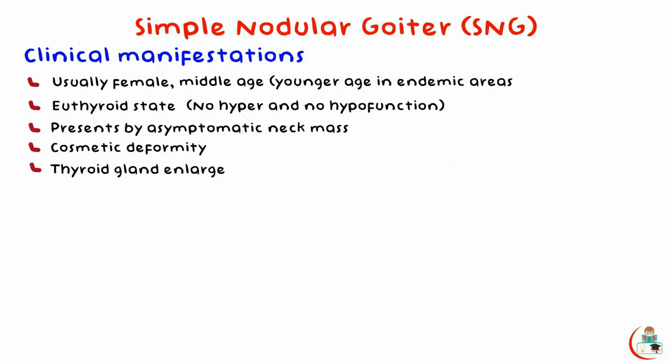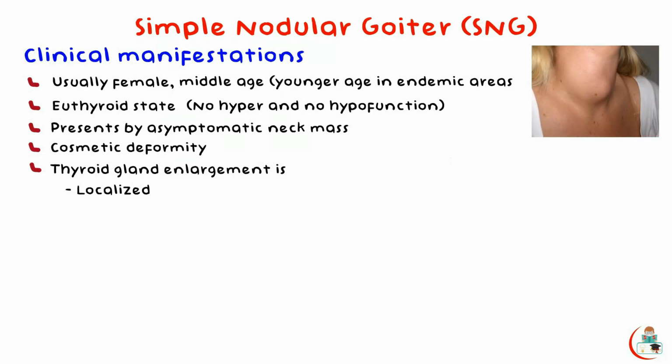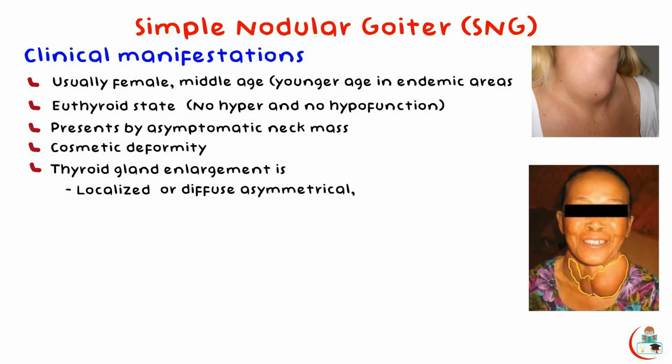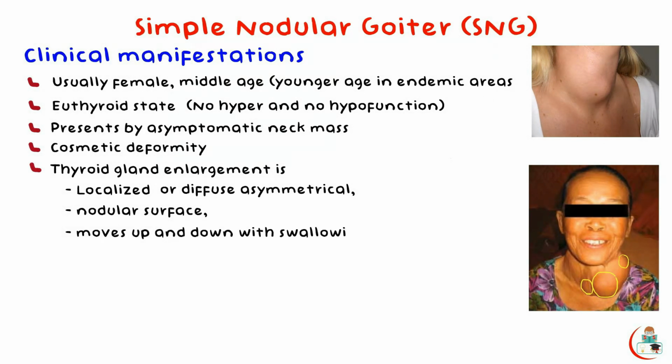Thyroid gland enlargement is localized or diffuse asymmetrical, with a nodular surface. The goiter moves up and down with swallowing.